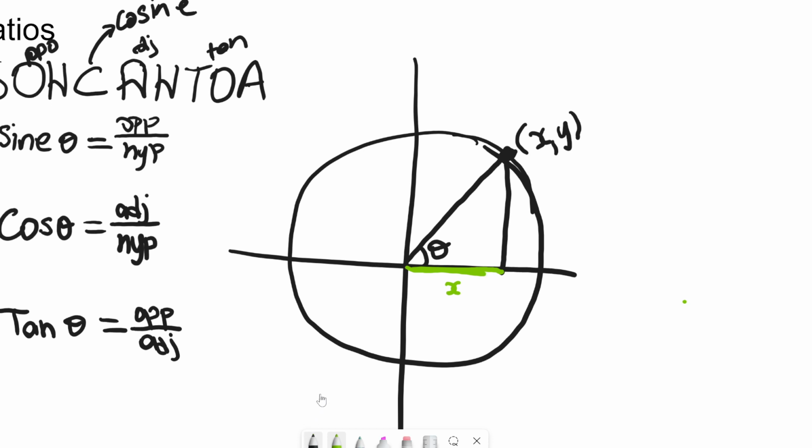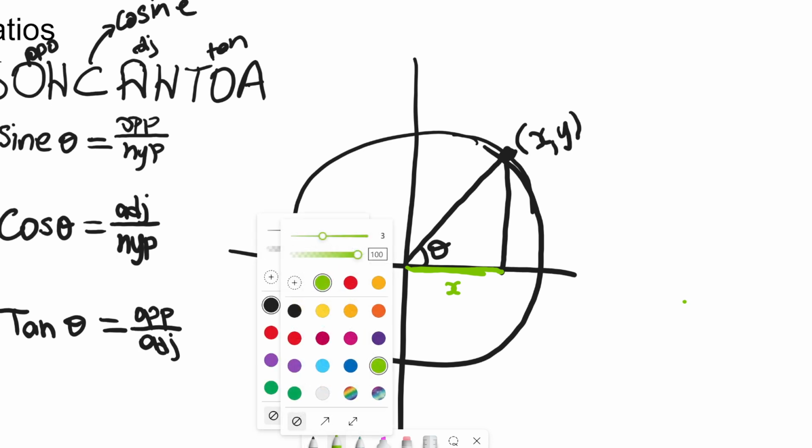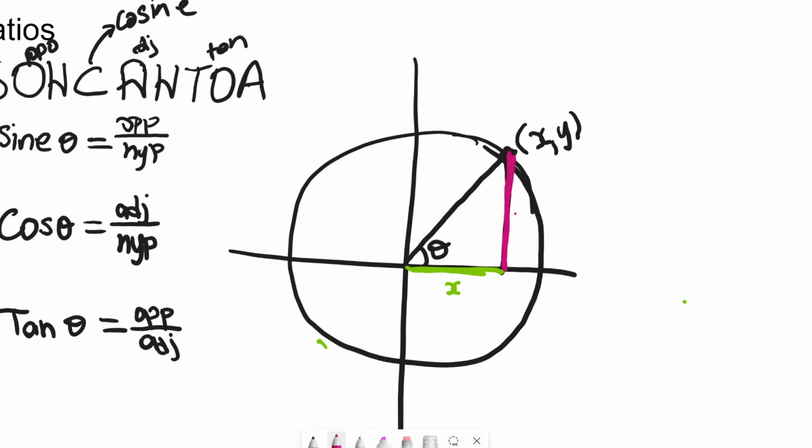And then the distance, or my height, let me grab my color here. Here we go. So my height is going to be represented by y.